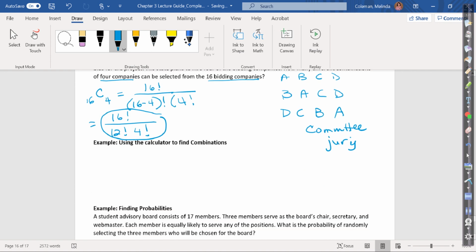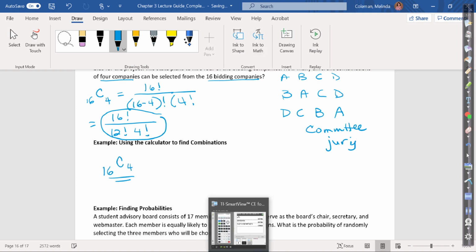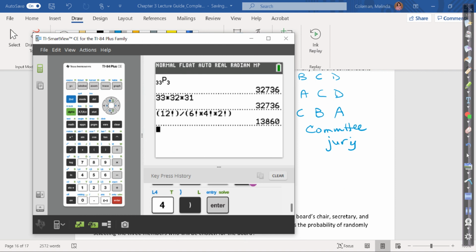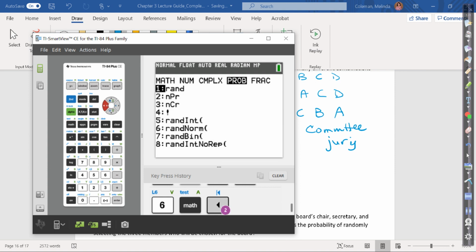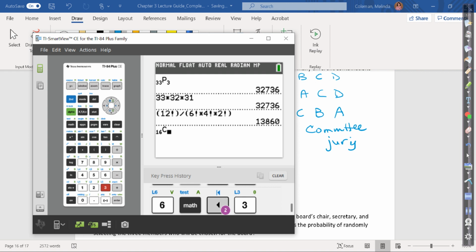So if you're going to use your calculator, again from the home screen, make sure that it looks like 16C4 when you're done. So on your calculator, you would type in 16 first, then back to the math probability key. Number 3, I told you we would use that C key, so number 3 is your combinations.